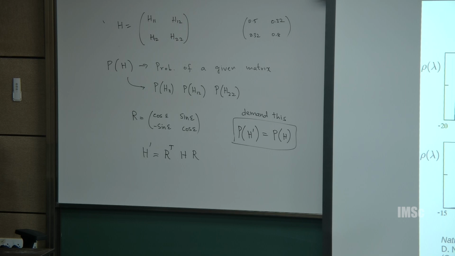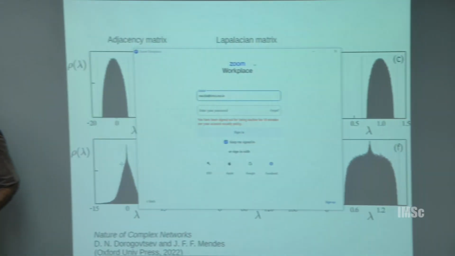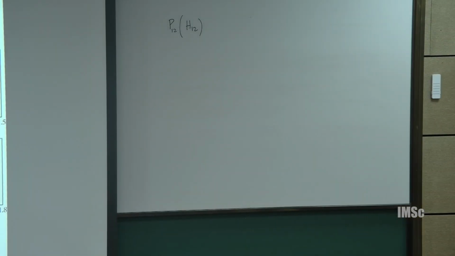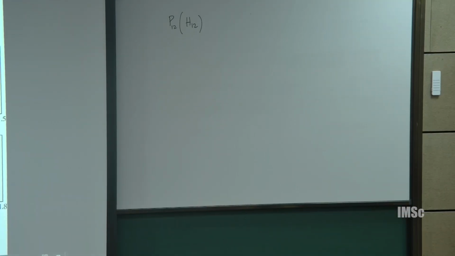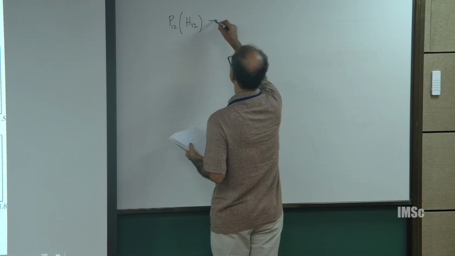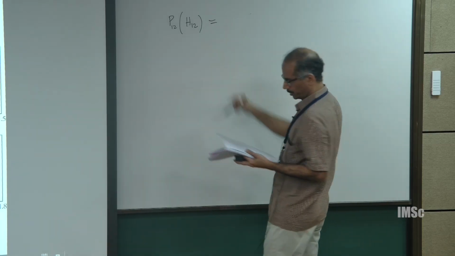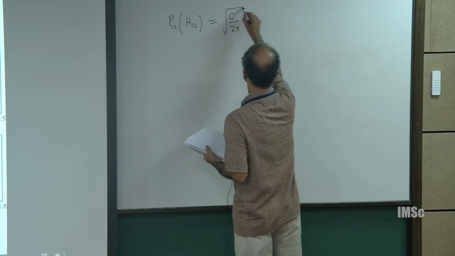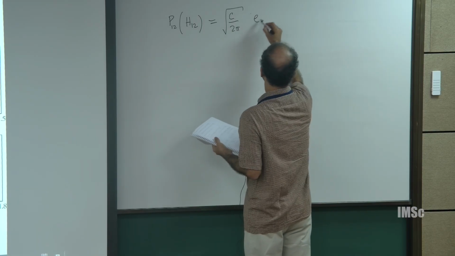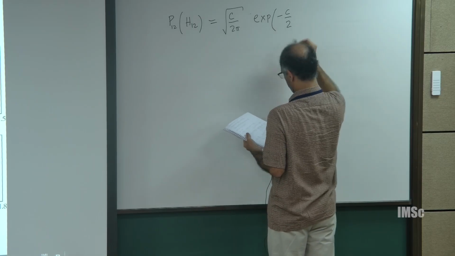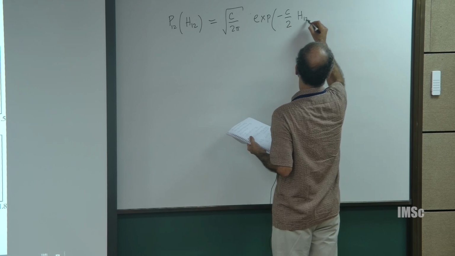Remember that I had put in these 3 probabilities: the probability that your matrix element is H11, the probability that your matrix element is H12, and so on. Now this actually fixes the probability of getting matrix element H12 to be some constant divided by 2 pi times exponential of minus c by 2 H12 square.